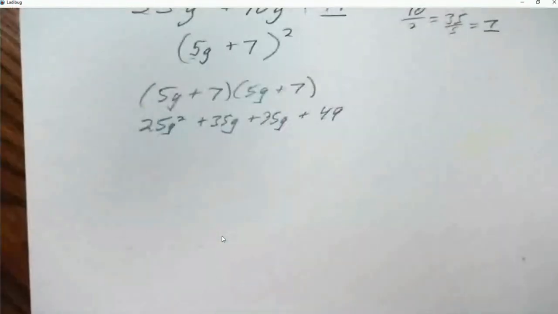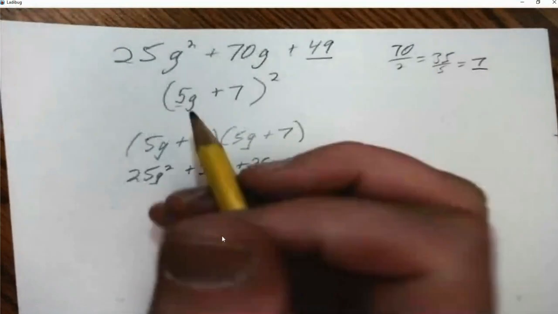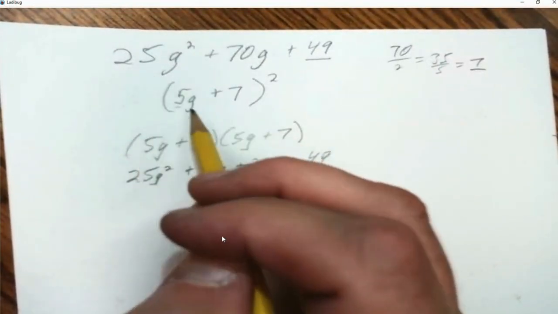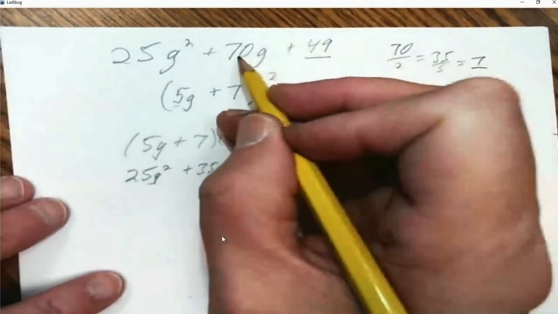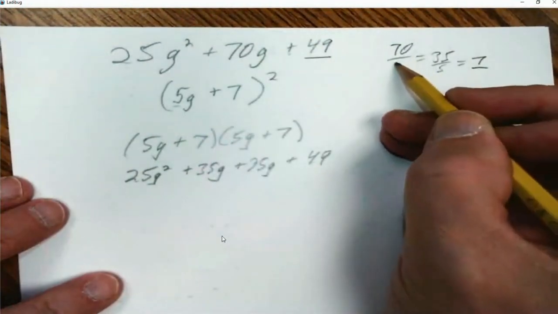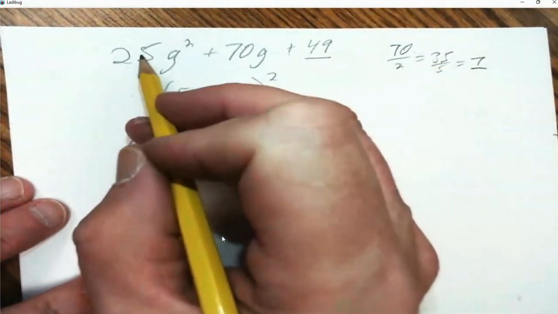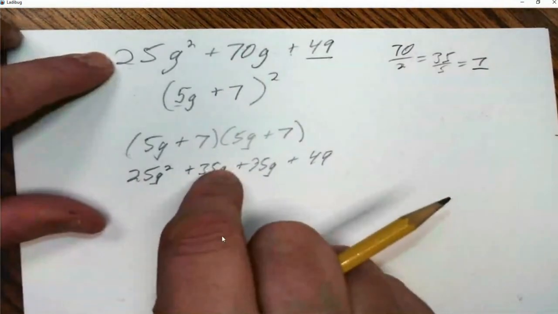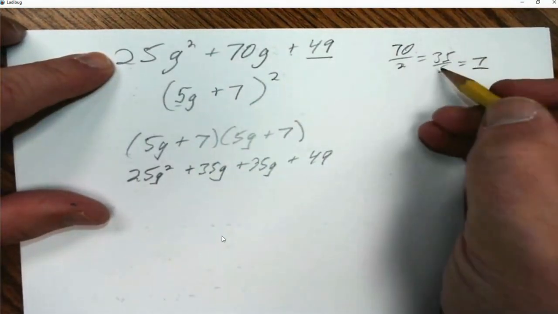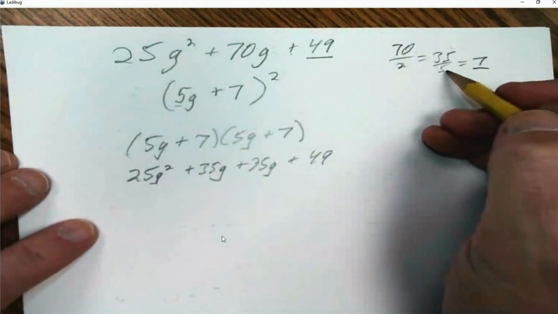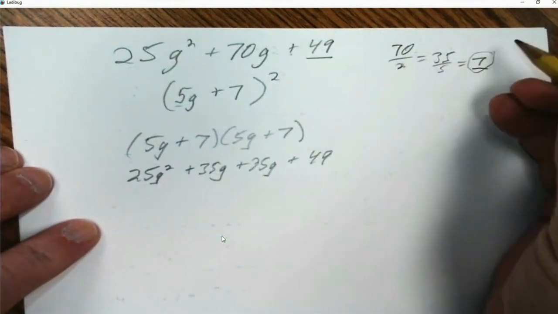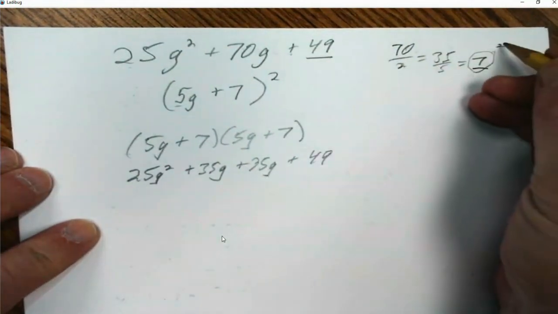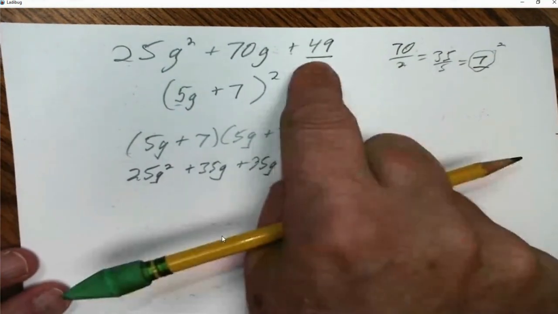It's still a perfect square trinomial, but we're dealing with an extra number that we have to divide back out. We have to take the middle term, cut it in half, and then divide it by the coefficient of the square root of this number, which would be 5. 5 times 5. And does that equal the last number squared? In this case, it does.